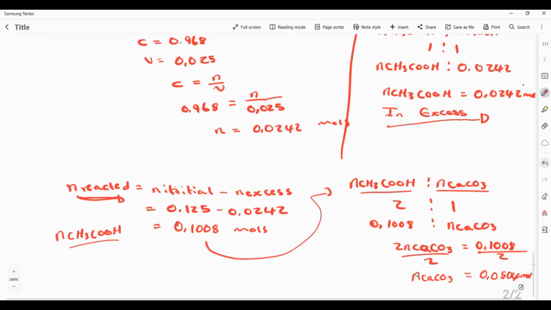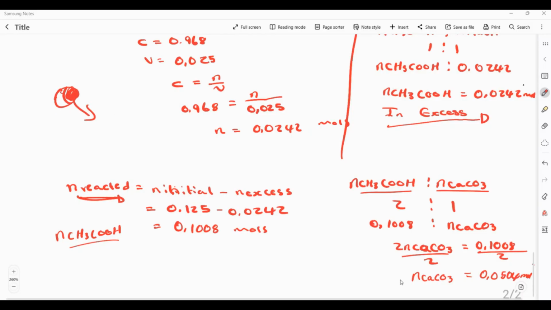So now I'm going to calculate the mass, because I have the number of moles of calcium carbonate that have reacted. Don't forget that in the eggshell, only the portion of calcium carbonate reacted.